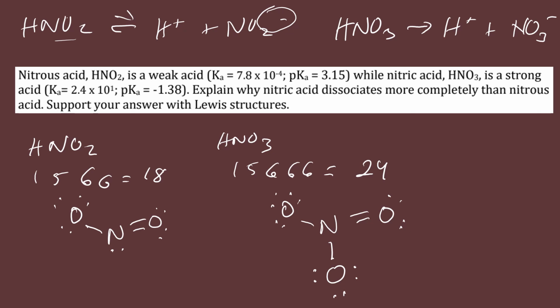It happens both in the nitrate and the nitrite ions. On the nitrite, you can change it to where it looks like this now, where the double bonds change position, so to speak.